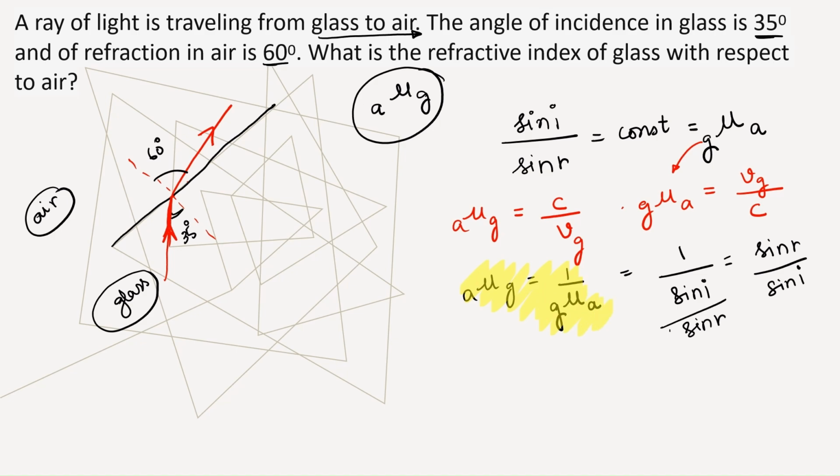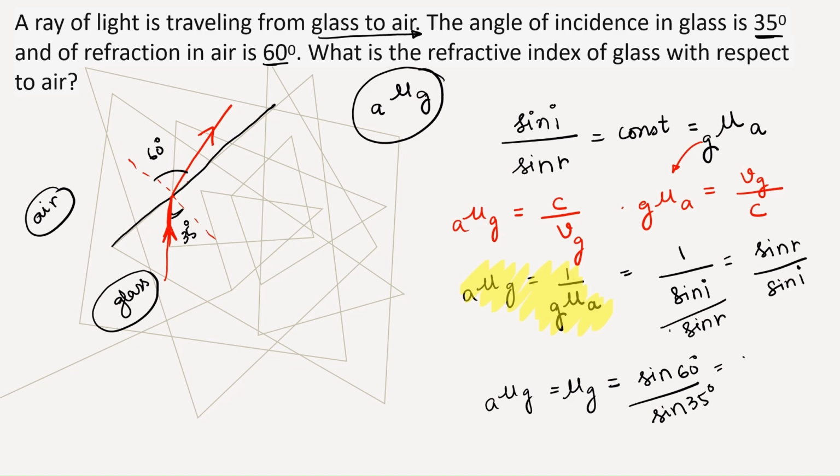Now let's put the values. All the values are given over there. Let's put them. So what are we going to get? Refractive index of glass with respect to air, that is refractive index of glass in simple words, is equal to sin R by sin I. So sin, the angle of refraction is 60 degree, sin 60 by sin 35.